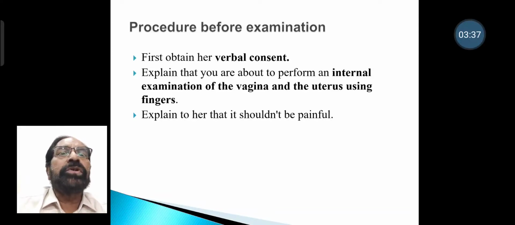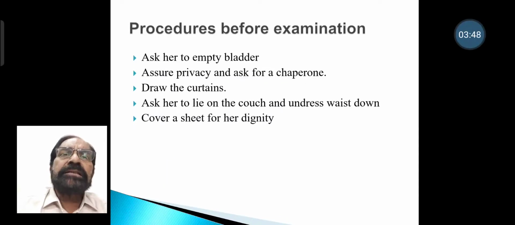Explain that you are about to perform an internal examination of vagina and uterus using fingers. Explain to her that it should not be painful. Ask her to empty the bladder. Assure privacy and ask for a chaperone. Then draw the curtains. Ask her to lie on the couch and undress, waist down. Cover a sheet for her dignity.